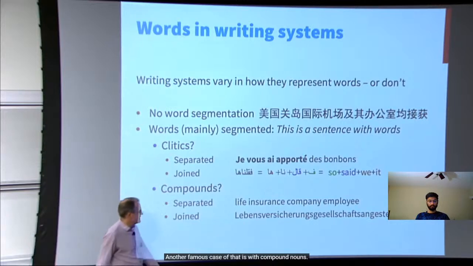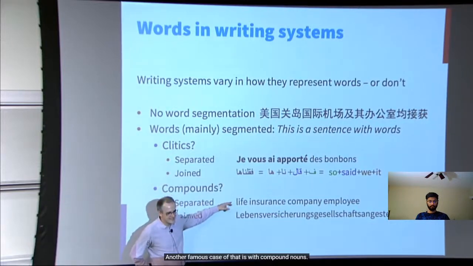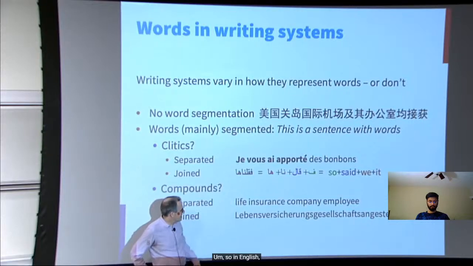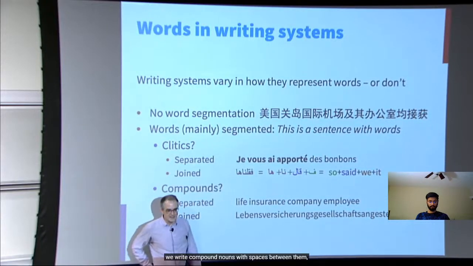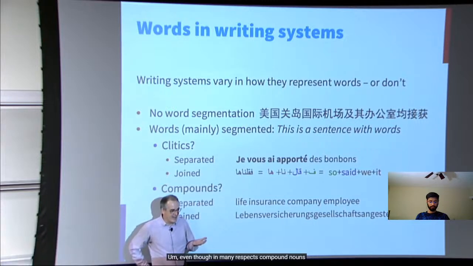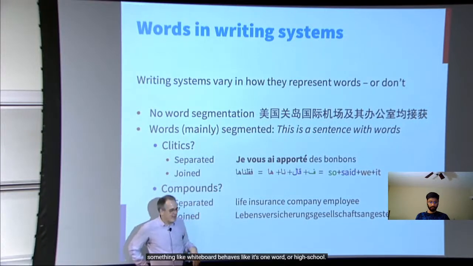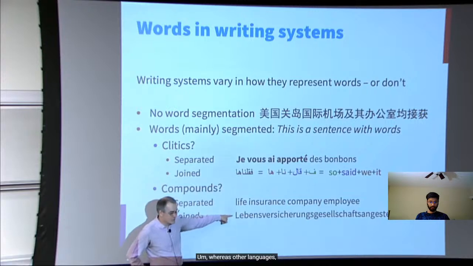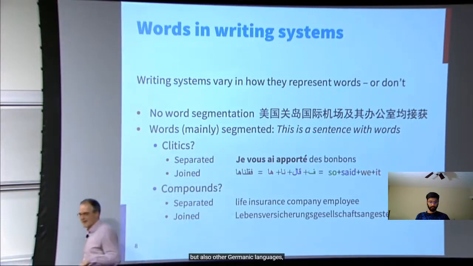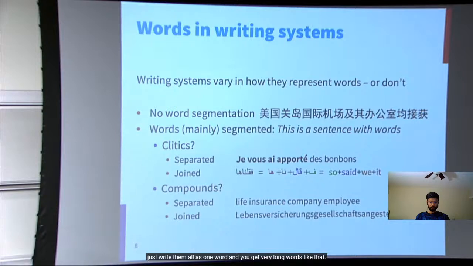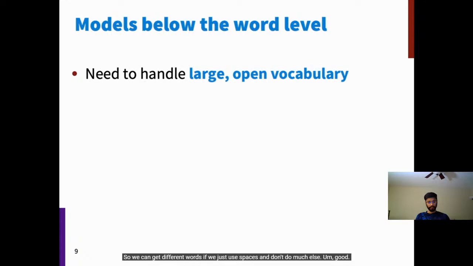Another famous case of that is with compound nouns. In English, we write compound nouns with spaces between them so you can see each noun, even though in many respects a compound noun, something like whiteboard, or high school, behaves like one word. Whereas other languages, German is the most famous case, but also other Germanic languages, just write them all as one word, and you get very long words like that. So we're going to get different words if we just use spaces and don't do much else. Okay.